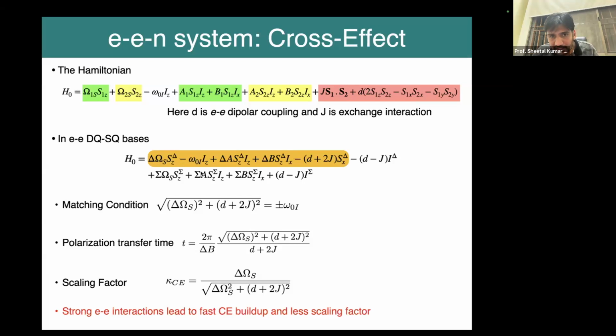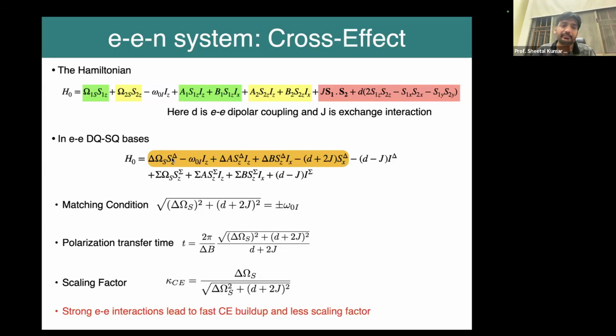And if we rewrite, then the Hamiltonian takes this form. If we take the first terms here, the two parts, this is the sigma part and this is the delta part, delta corresponding to zero quantum, sigma corresponding to double quantum. They commute with each other, so they can be treated independently, and then the zero quantum part looks very similar to the NOVEL case.